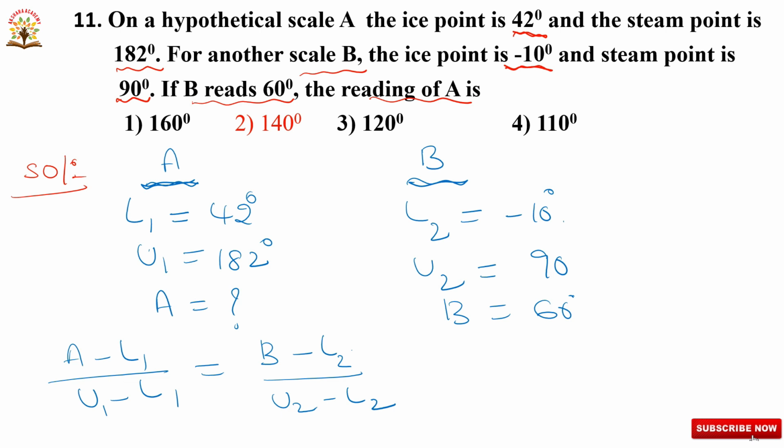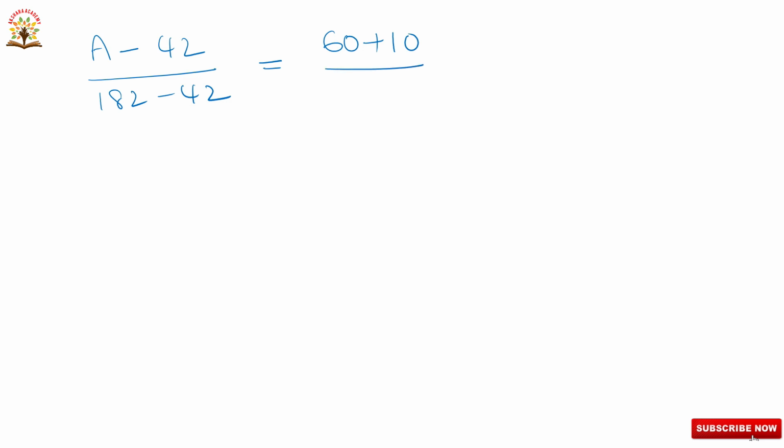Now we are substituting the L1, U1, L2, U2 values in this formula. (A minus 42) by (182 minus 42) is equals to (60 minus of minus 10, that is plus 10) by (90 minus of minus 10, plus 10).